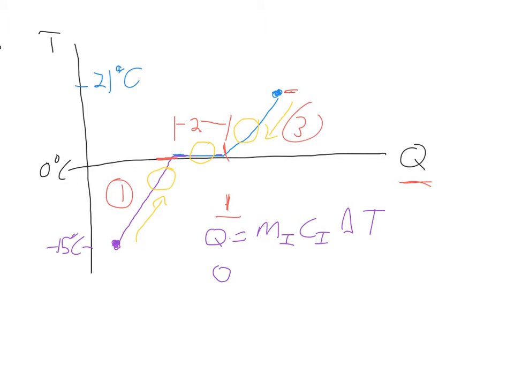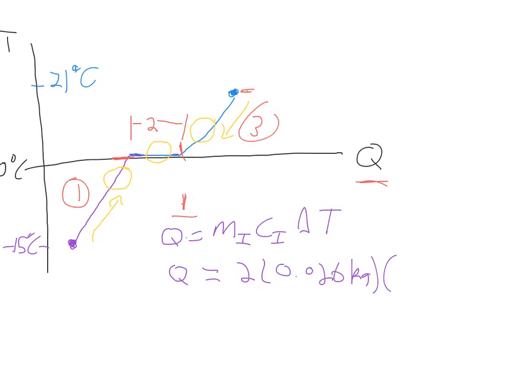Okay, so in this case, if we plugged in the values for my problem here, we'd have 2 ice cubes, each of which had a mass of 0.026 kilograms. And we're multiplying that by the specific heat. I'm going to run out of room, probably. And so our specific heat of ice, which is different than the specific heat of water, keep in mind, is 2,220.